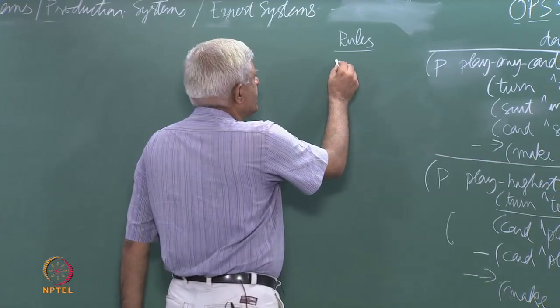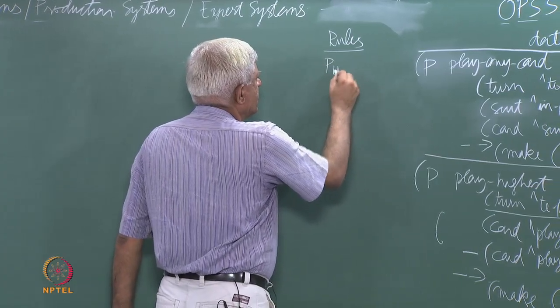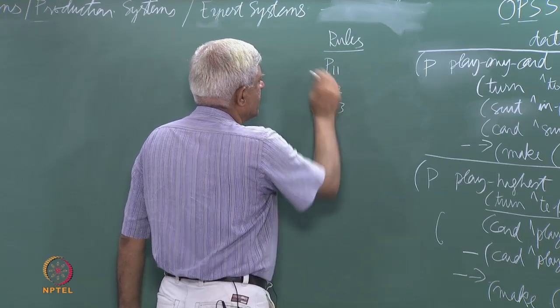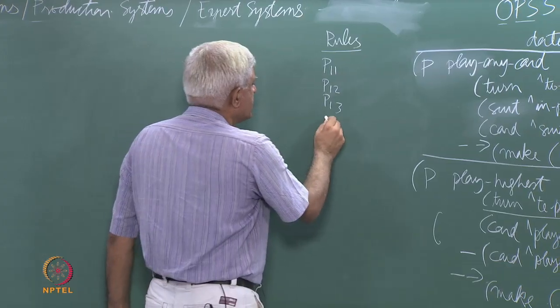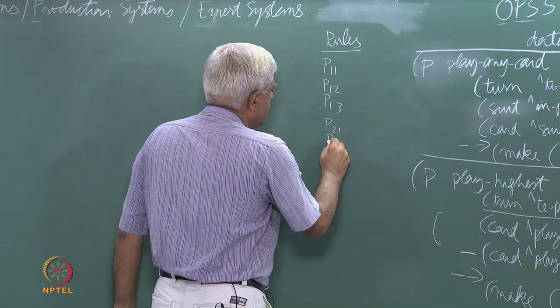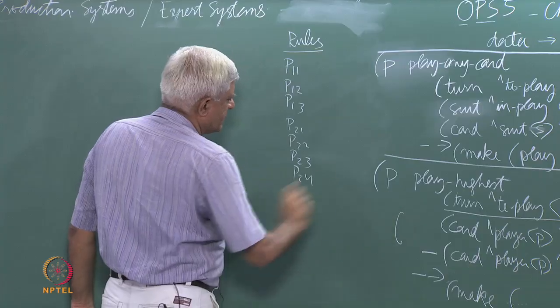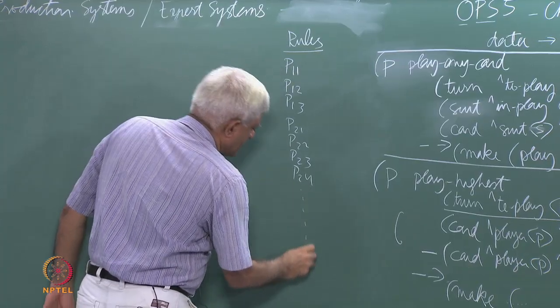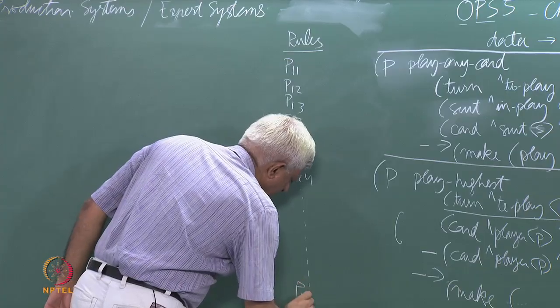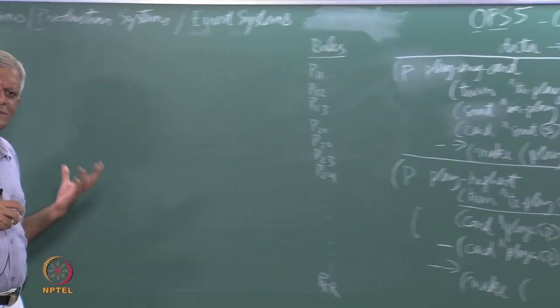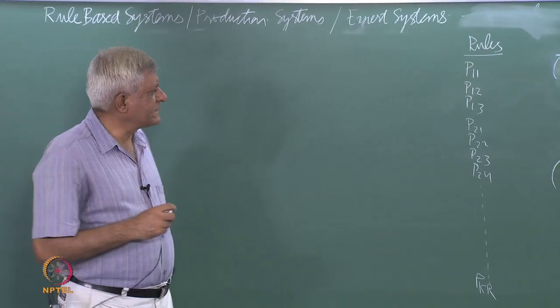So, we can think of this as P11, P12, P13. So, that is for the first rule. Then P21, P22, P23, P24. So, for this rule for example, and then so on. So, P, K, R or whatever, depending on how many rules you have and how many patterns each rule has essentially.